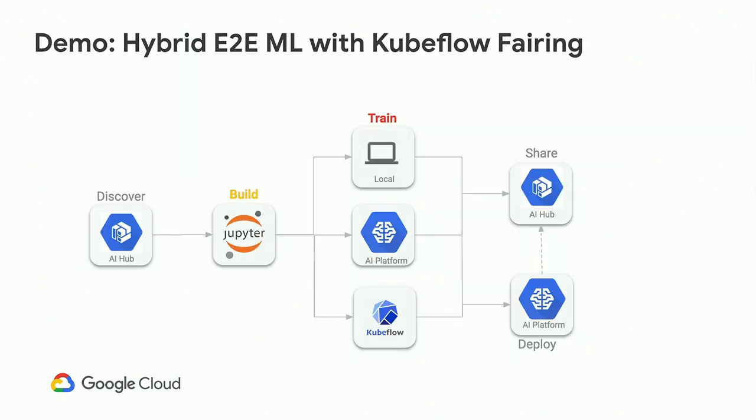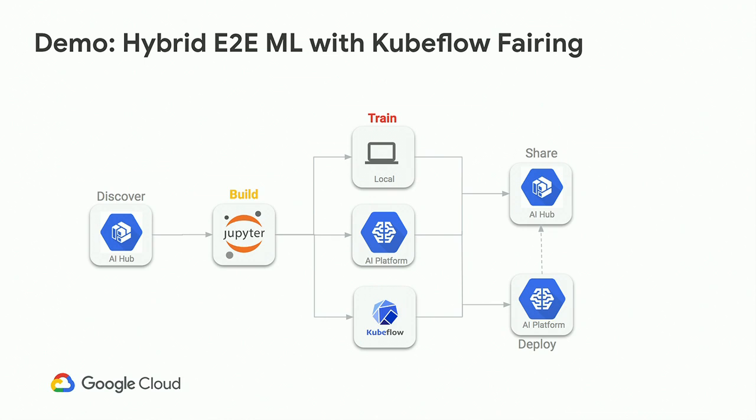Let me show you an end-to-end demo that will show Kubeflow Fairing in action. But before I go there, I'm going to go to this new service that we have launched. It's called AI Hub. AI Hub is like your one-stop shop for everything related to your machine learning resources within your enterprise. So you can find notebooks, embeddings, models.